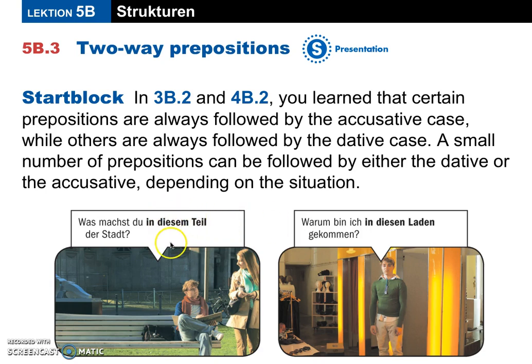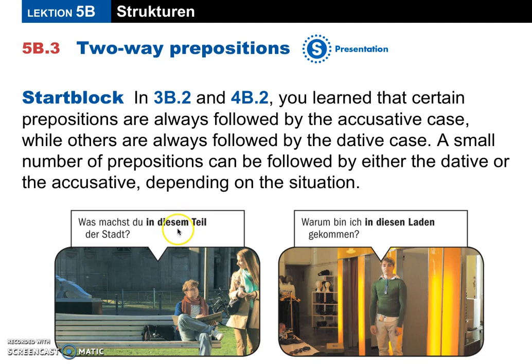Maybe you can already discern what the difference is. In the first one, what are you doing here, a location, in this part of town? And in the second one, a movement is expressed. Why did I enter? Why did I come in diesen Laden? In the first one, you have in paired with a dative, diesem.